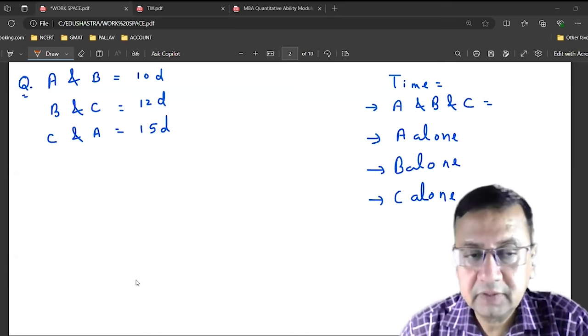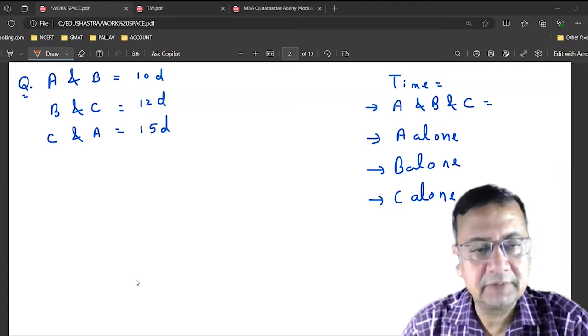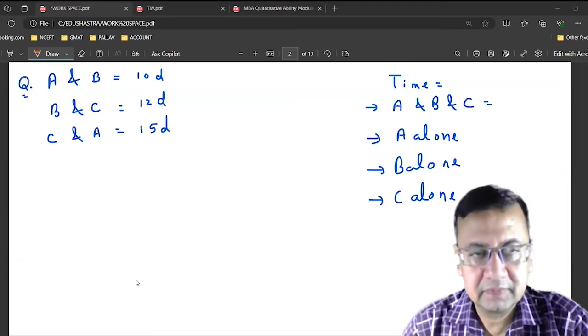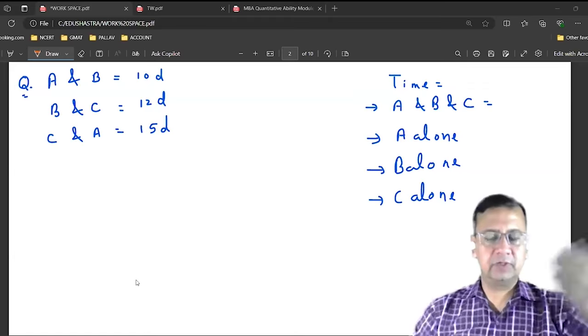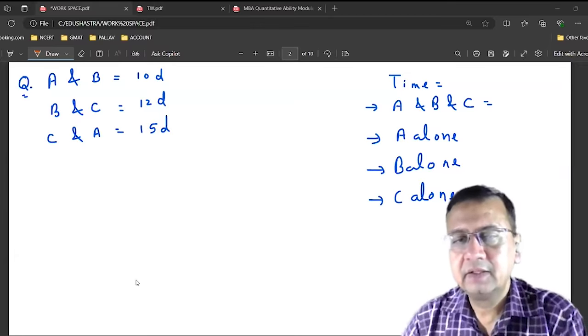So A, B, and C together take 8 days. Taking the reciprocal, 1/8 becomes 8 days. Yes. Okay.